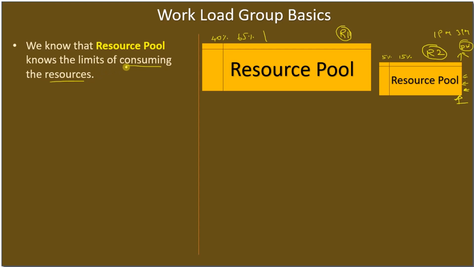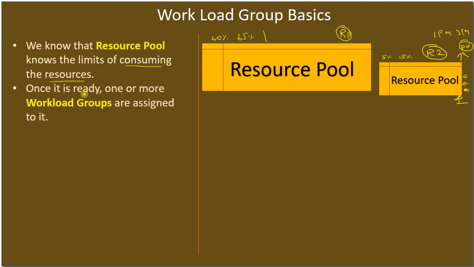Resource pool knows the limits of consuming the resources. Once the resource pool is ready, in our database application, you can create multiple resource pools based on the operations that take place in the database. Say in a retail shop based database, there will be tables like sales, purchase, inventory, maintenance, all those stuff, right?